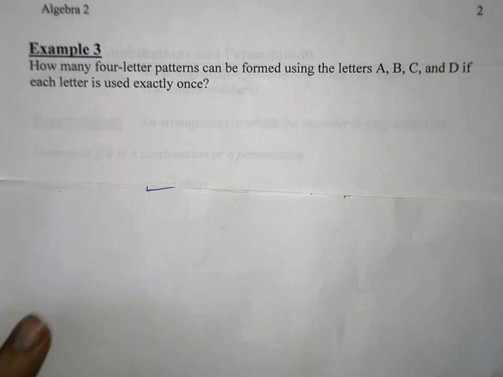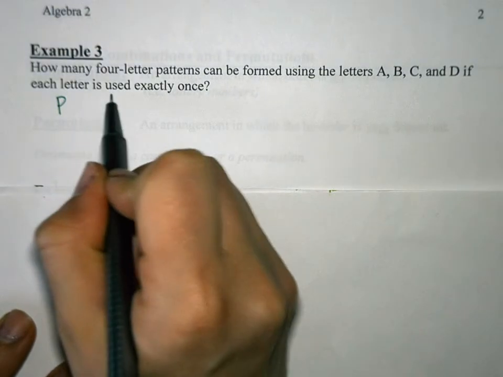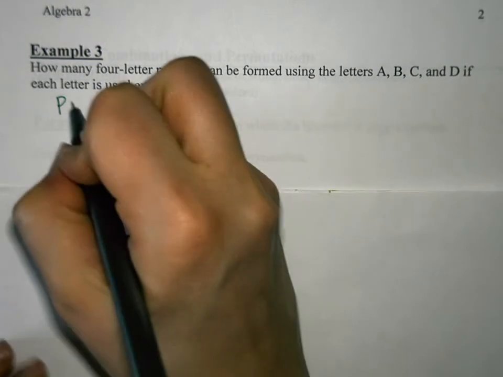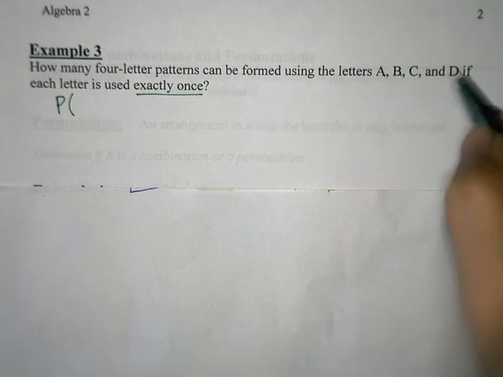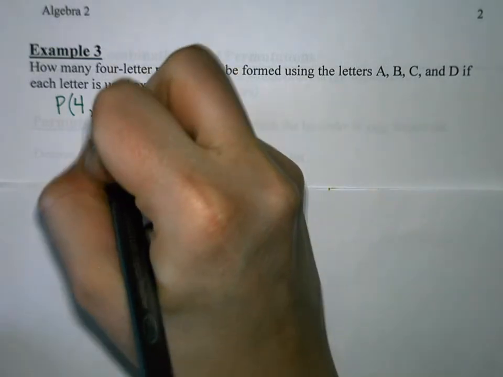So we're going to be taking the permutation, because if each letter can only be used once, that means the order does matter. And we have our n is going to be 4 because we have 1, 2, 3, 4 letters to choose from. But when we're arranging them, we're putting 4 letters in each arrangement. So we're picking 4 at a time.